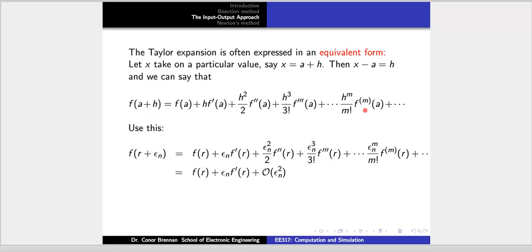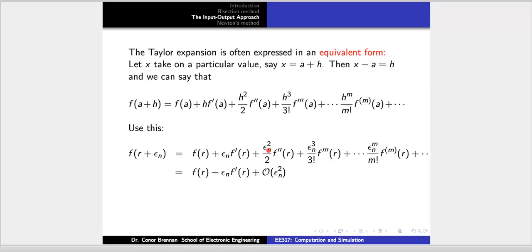So if f of a plus h can be expressed as this, f of alpha plus epsilon can be written as f of alpha plus epsilon times the first derivative at alpha plus epsilon squared over 2 multiplied by the second derivative at alpha plus etc. So this is just this expression, the Taylor series, with a equal to alpha and h equal to epsilon. And this is an infinite number of terms here. The plus dot dot dot here means it goes on forever and ever and ever.